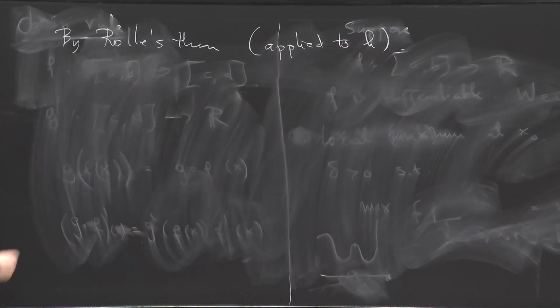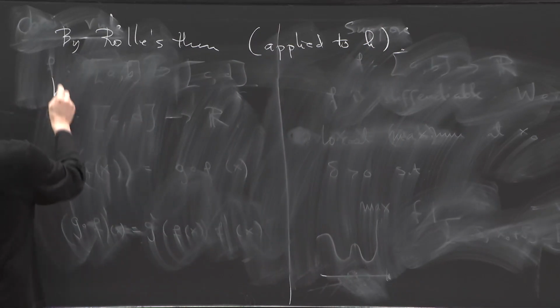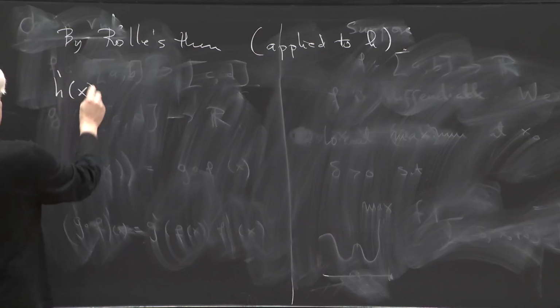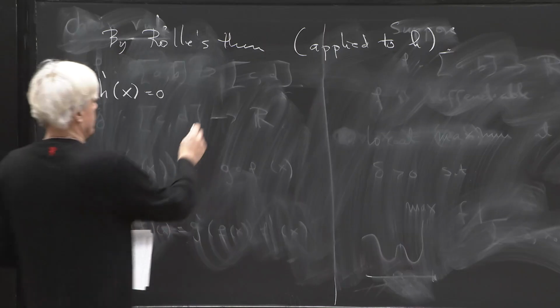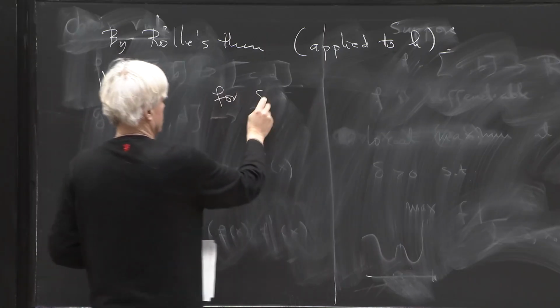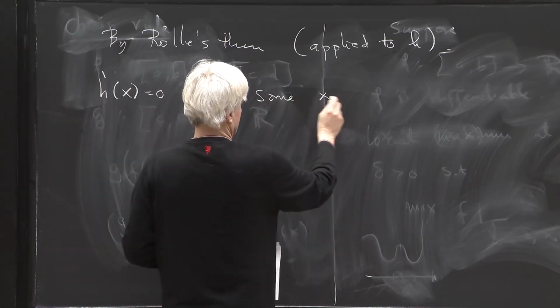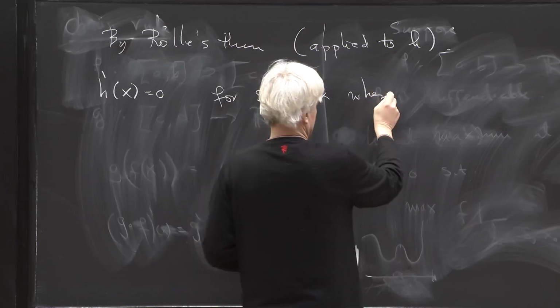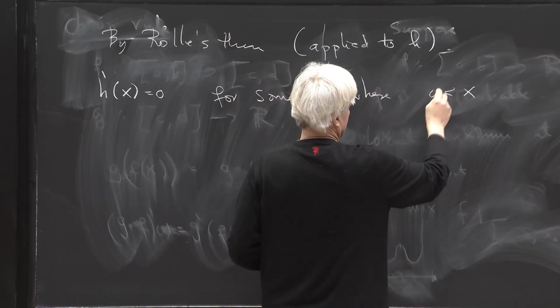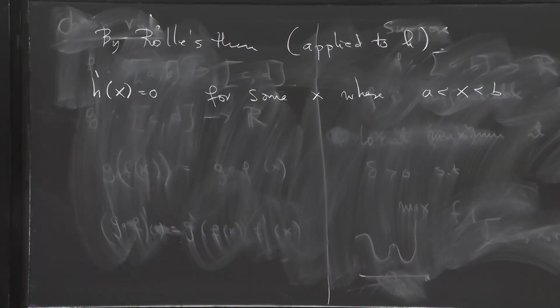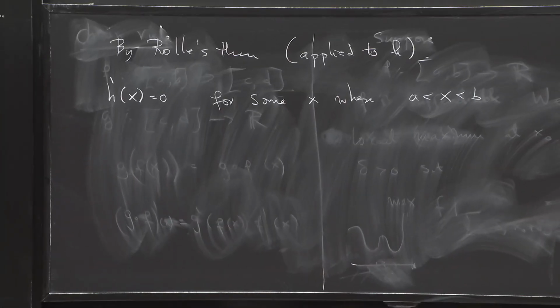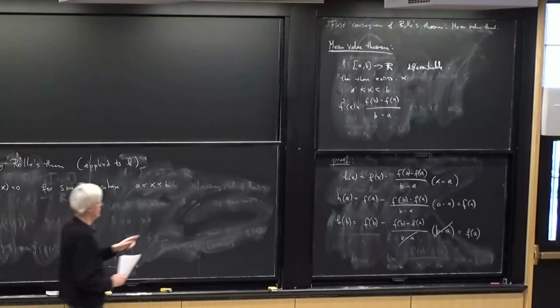Then the derivative of h is equal to 0 for some x where x is strictly between a and b. This is Rolle's theorem, because this function h has the same value at a as at b. Now, what is the derivative of h?